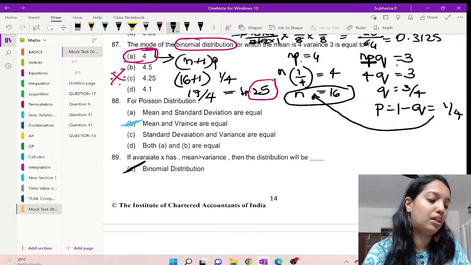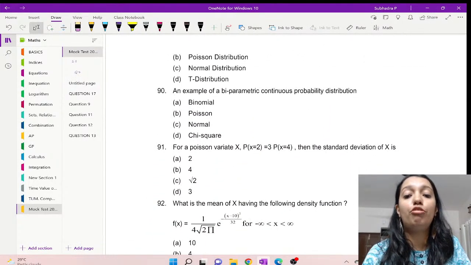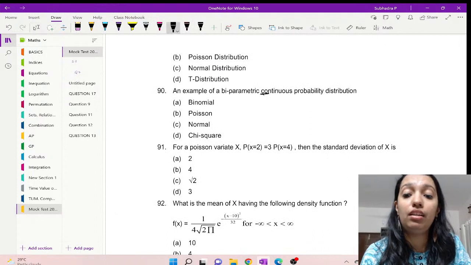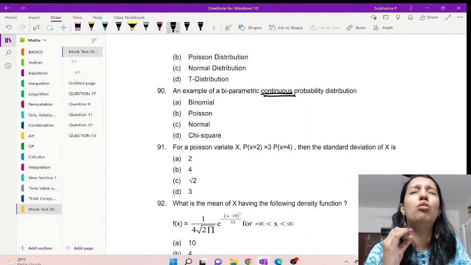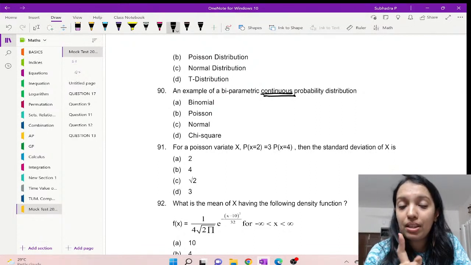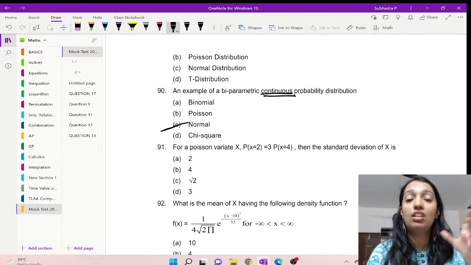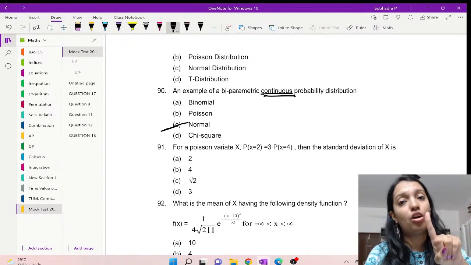It's in binomial distribution. Next, an example of biparametric continuous probability distribution, most frequently repeated examination question. Continuous probability distribution means you should know that it is normal. Non-continuous ungrouped, that is binomial, Bernoulli, Poisson.